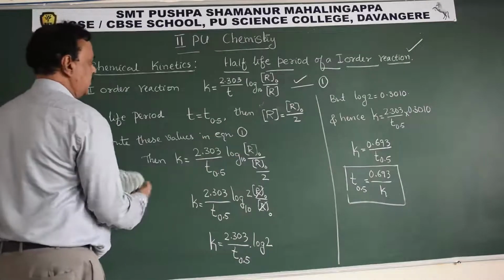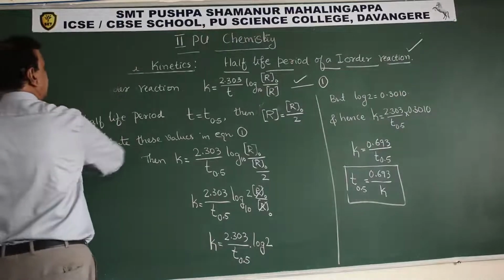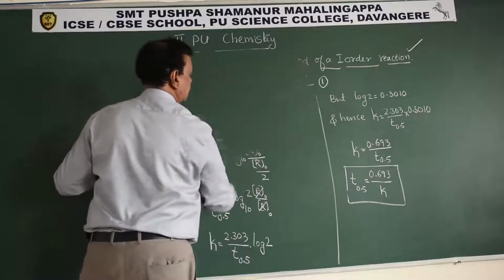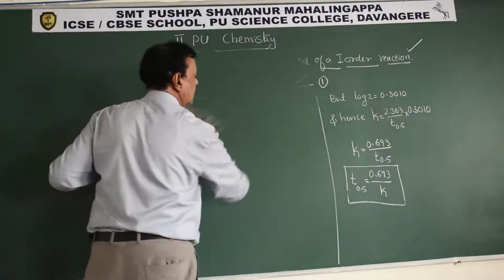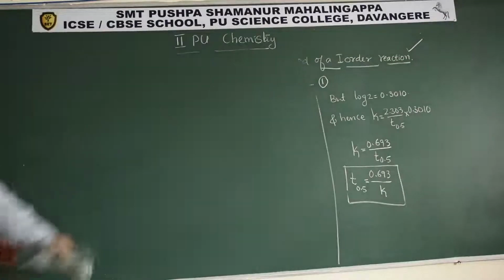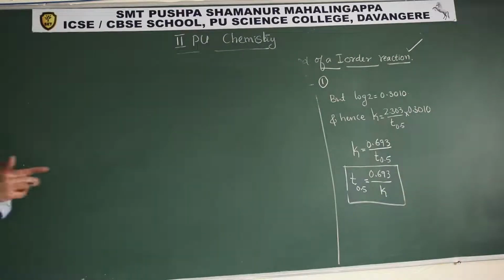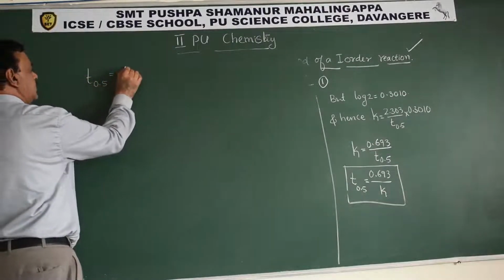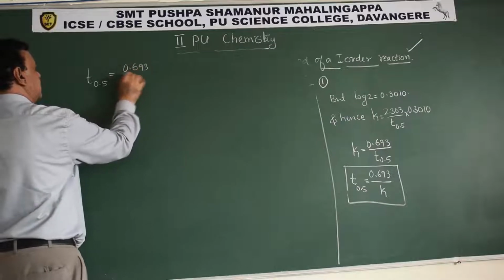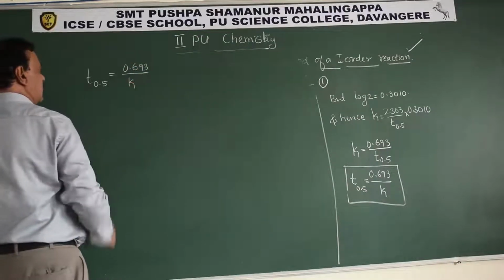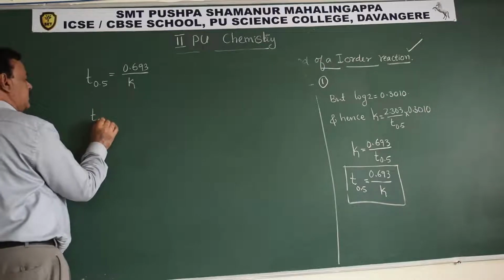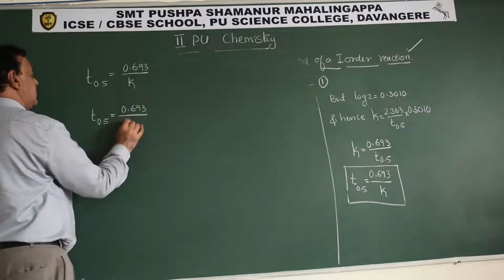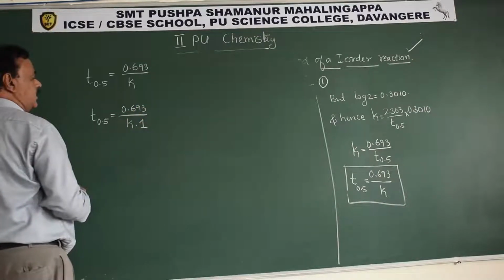Now see the expression: T half is equal to 0.693 divided by K. I will rewrite this as T half is equal to 0.693 divided by K into 1.